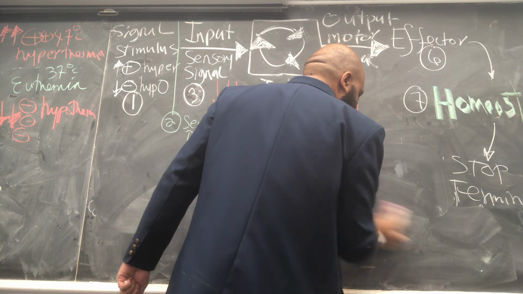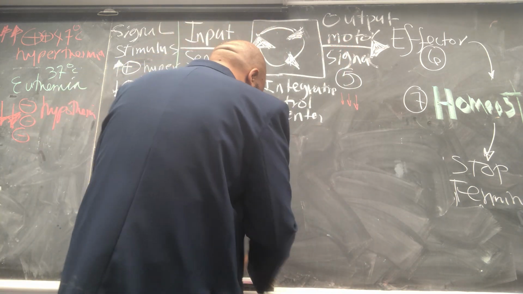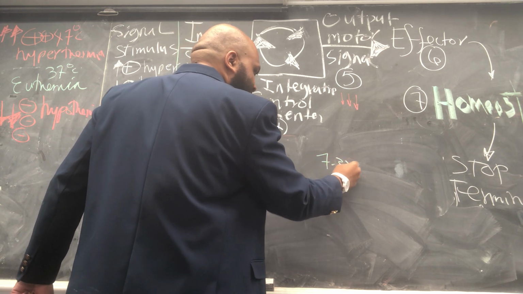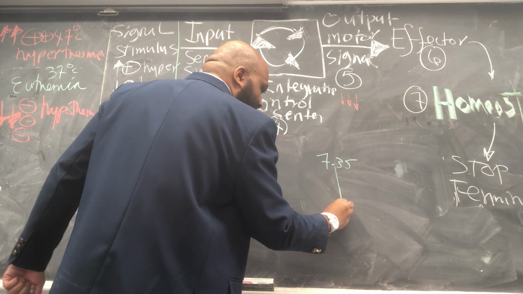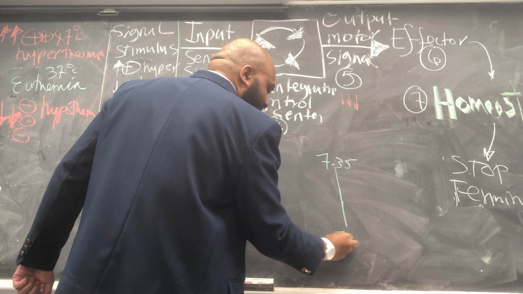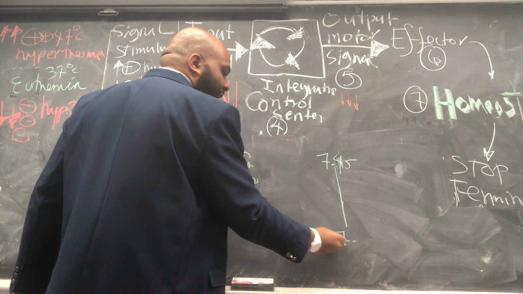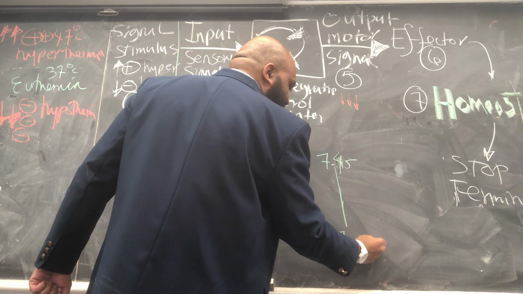The pH of the blood is between a minimum of 7.35 and a max of 7.45.